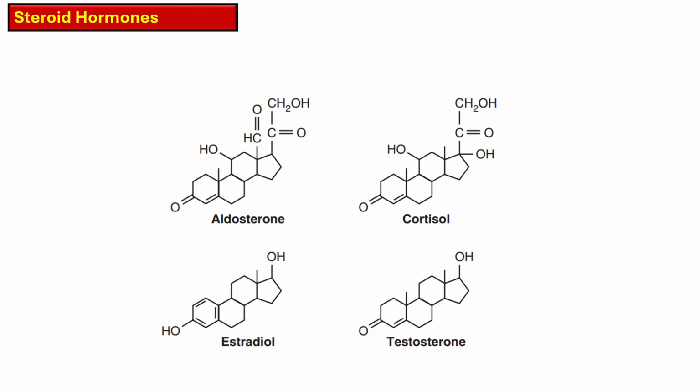This image illustrates the chemical structure of 4 major steroid hormones, all derived from cholesterol. Each structure retains the core of the cyclopentanoperhydrophenanthrene ring that is common to all steroid hormones: aldosterone, cortisol, estradiol, and testosterone.